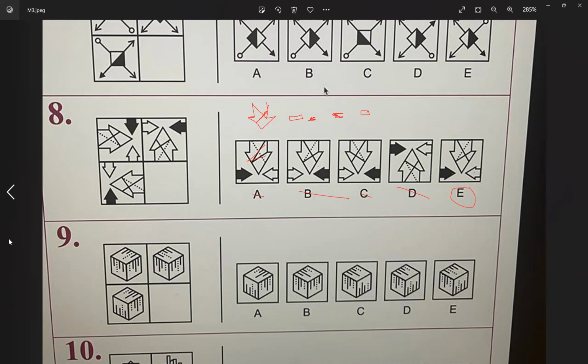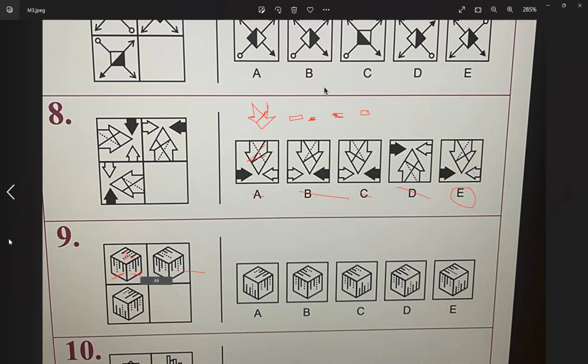Now let's move to question number 9. So we have this kind of cube, and they're both facing different ways, like this and then like this. So here the top reflects with this one at the top, and then here these two faces swap each other's position.